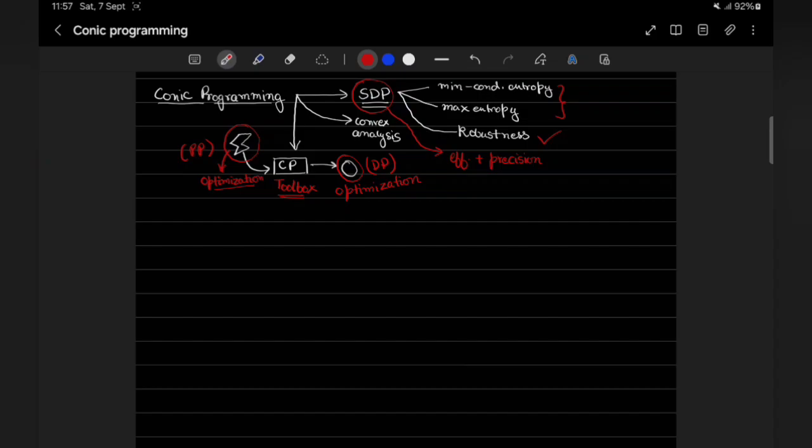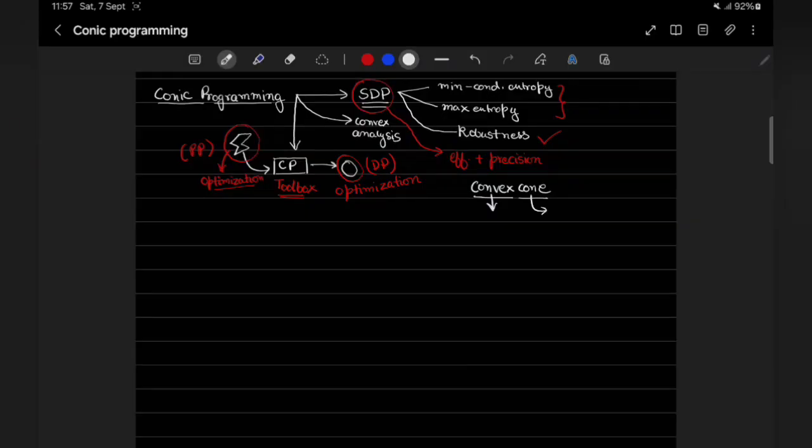The first important ingredient is what is a convex cone. A convex cone is basically a convex set in the sense that probabilistic mixtures of elements belong in the set, and it is a cone.